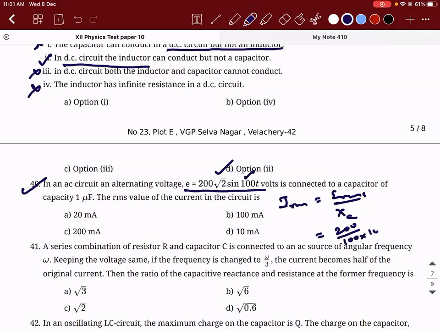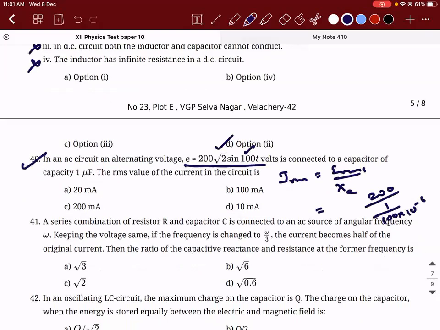Omega is 100 into C is 10 power minus 6. Why are we getting so big a value? Sorry, XC is 1 by omega C. So 200 divided by 1 by (omega, which is 100, into 10 power minus 6).